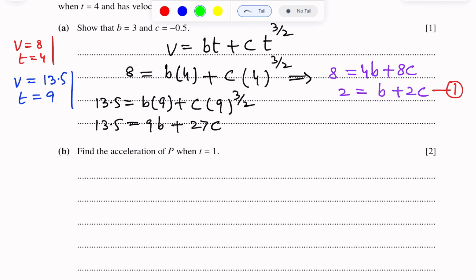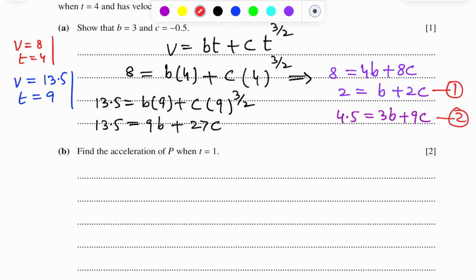All the terms in this equation are multiples of 3, so we divide each side by 3. We get 4.5 is equal to 3B plus 9C. Let this be equation number 2.